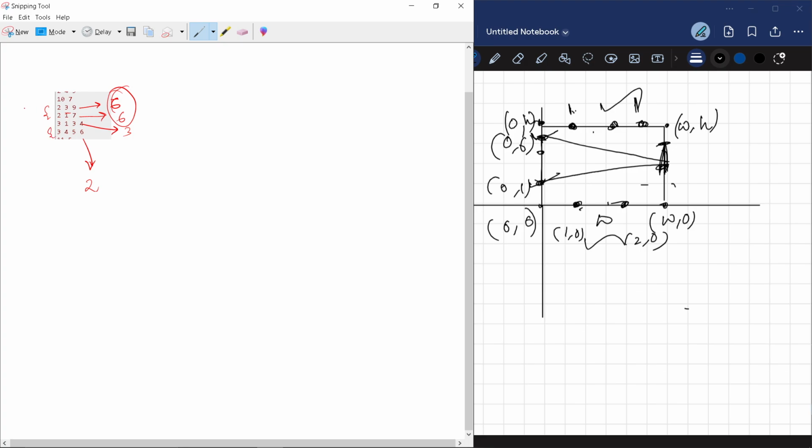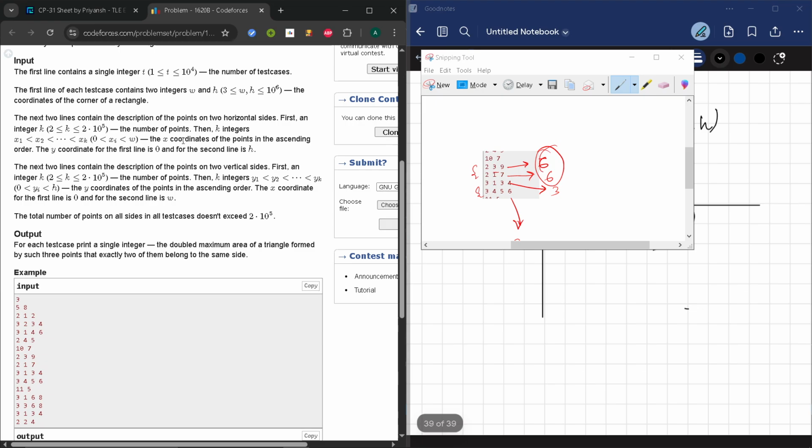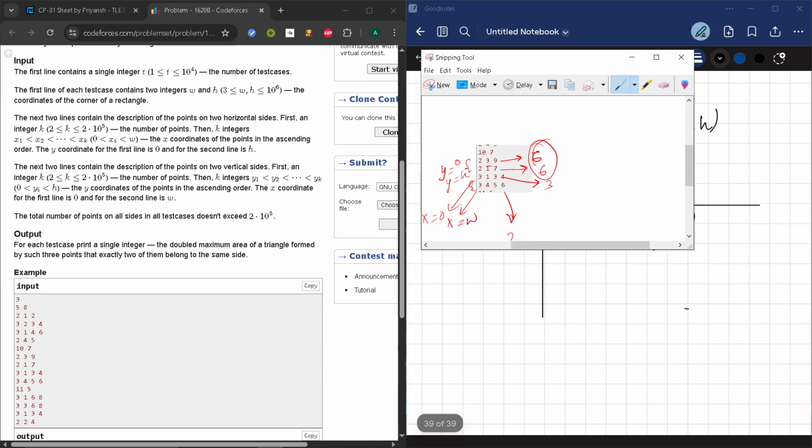For the first line, what is given is the x coordinates of points in ascending order, and the y coordinate for the first line is 0 and for the second line is h. Here y is equal to 0 and here y is equal to h, and here x is equal to 0 and x is equal to w.